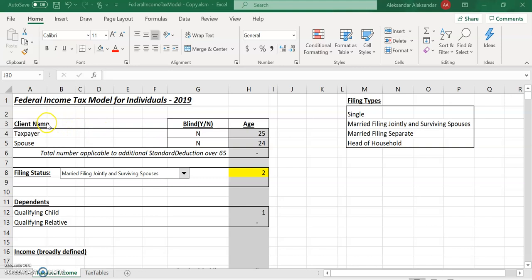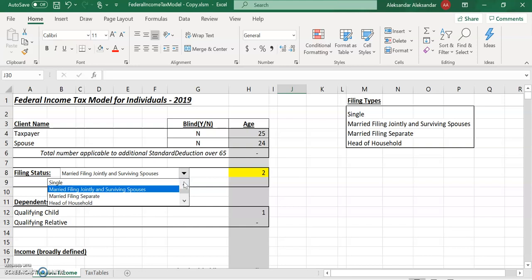So the first thing to start with is your age and whether you're blind or not. Based on the age and if you're blind or not, the government allows extra deductions and credits, so this is important. Also, the next most important thing is your filing status.